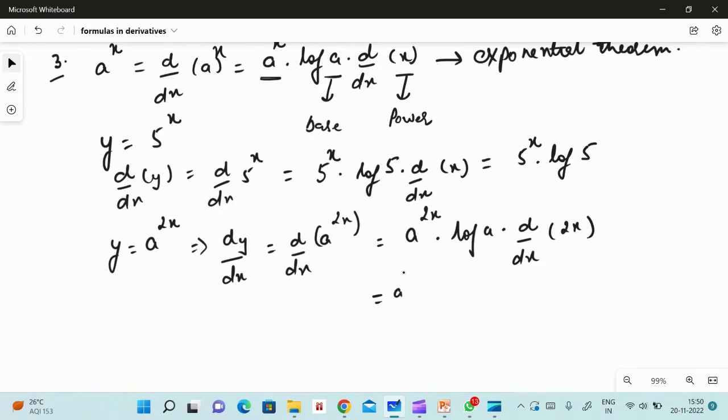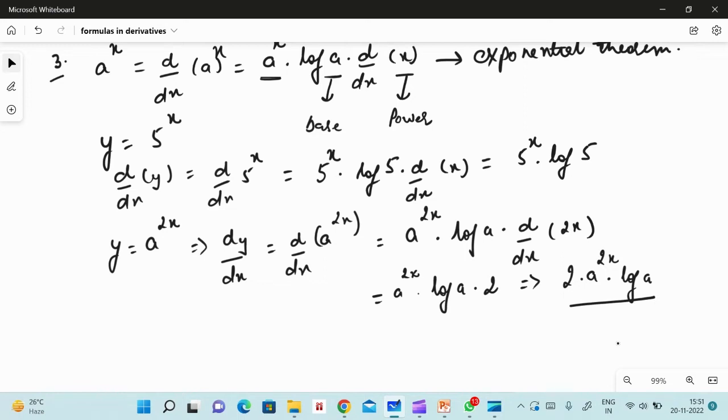Okay. So a power 2x will remain as it is, log of a will remain as it is, and what is the derivative of 2x? It is 2. So what is my answer? It is 2 into a power 2x into log of a. So this is my answer.